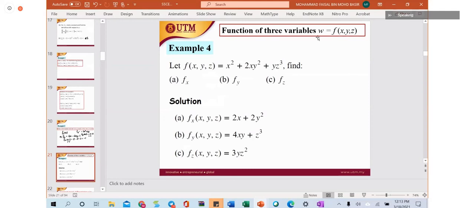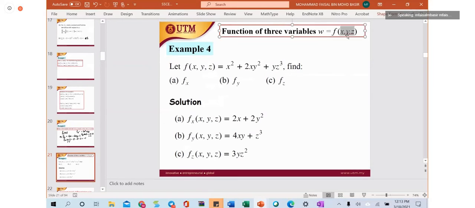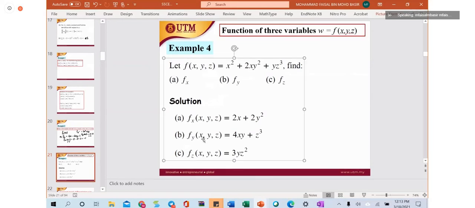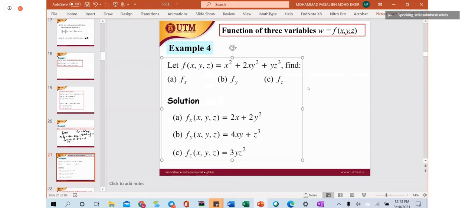Okay, function of 3 variables, yeah. For this course, the maximum variable will be 3, okay? Again, it's just the same, but we have z. Fx, when you differentiate f with respect to x, your y and z will be held constant.